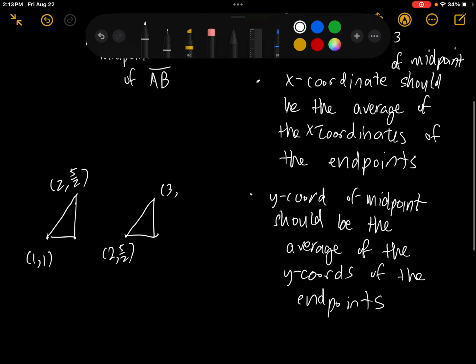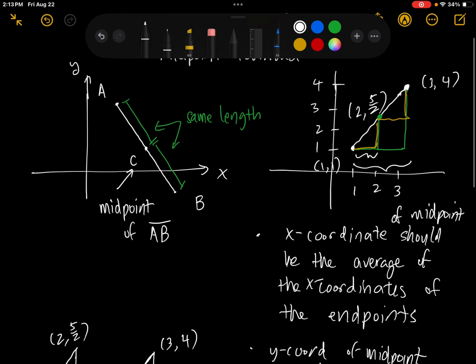These two triangles are this triangle and that triangle.